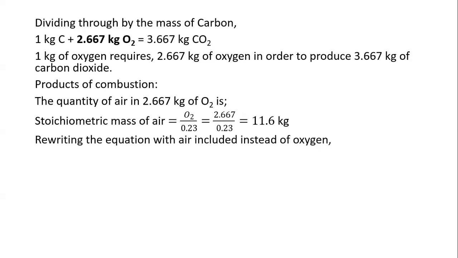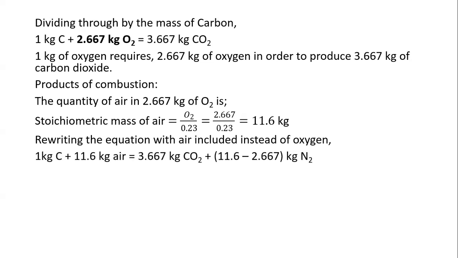Meaning, if you are attempting to burn 1 kg of carbon, the amount of air to be supplied from the atmosphere should be 11.6 kg. And the products of combustion will now be 3.667 kg of carbon dioxide, and nitrogen.